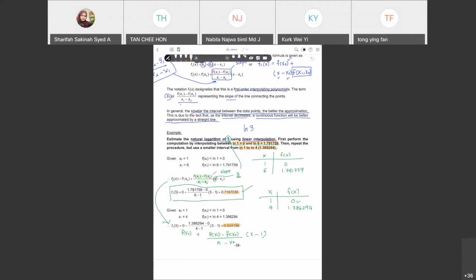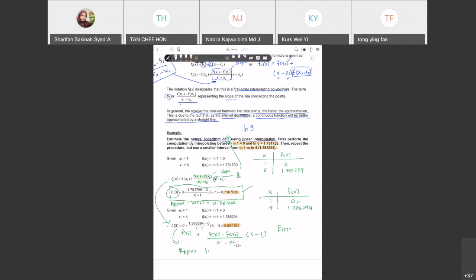So you need to calculate the error. As usual, remember, in numerical methods, we have to calculate the error in order to see whether our answer is good or not. So this is a program for ln 3 is equal to 0.716736. This is also another approximate solution.